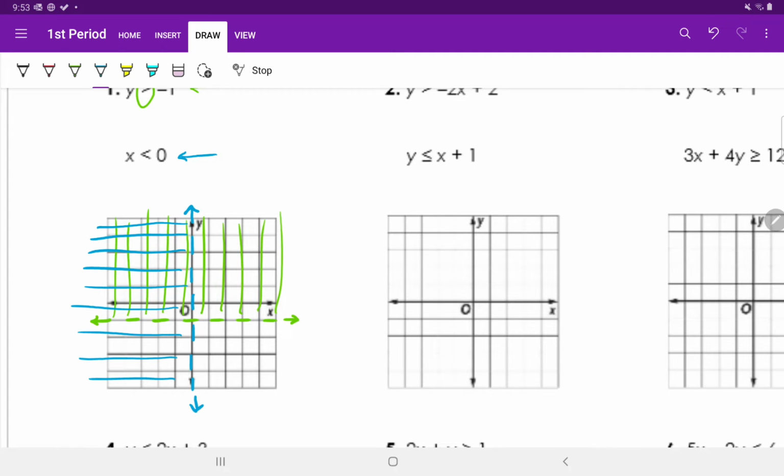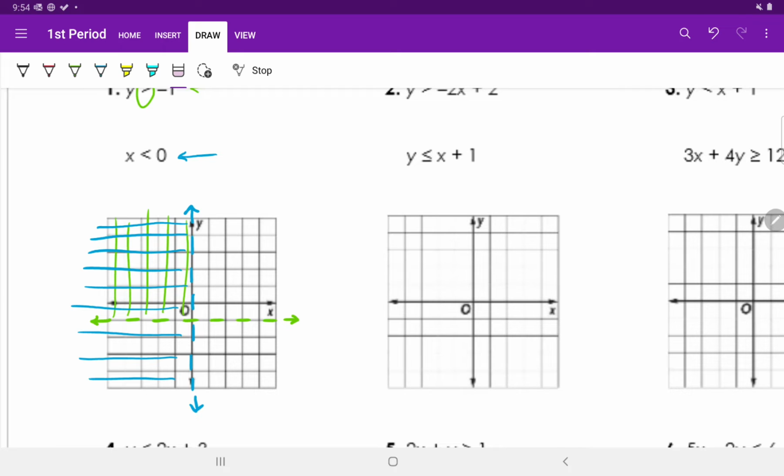The solution to this system is the region of all the points that are solutions to both inequalities. So we're looking for a region that's both colored with blue and green, according to the way I drew it. Well, over here where I'm about to start erasing, these are green solutions, but they're not blue solutions.